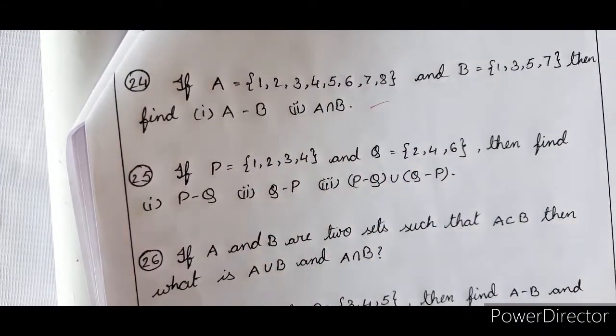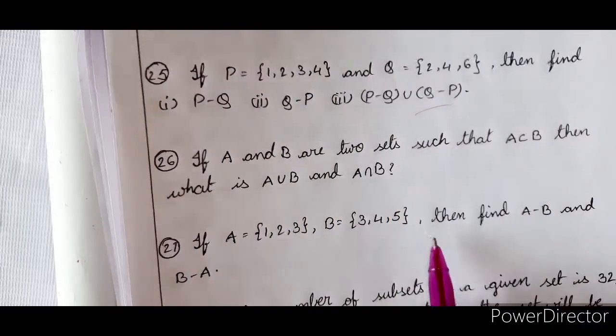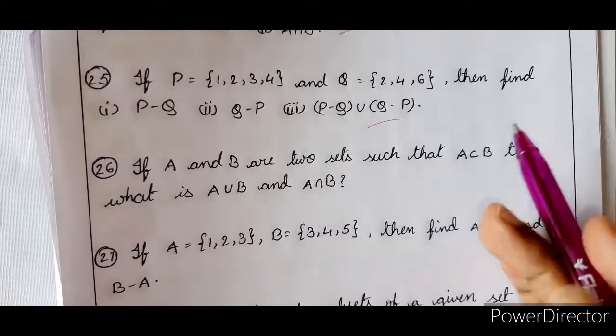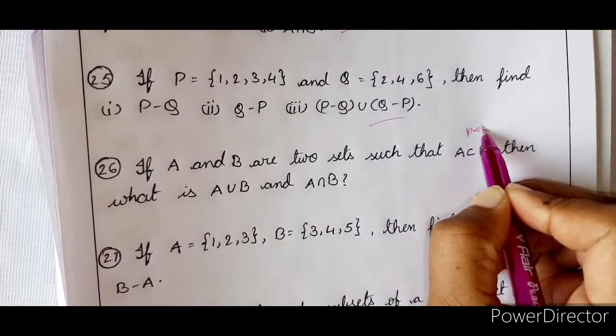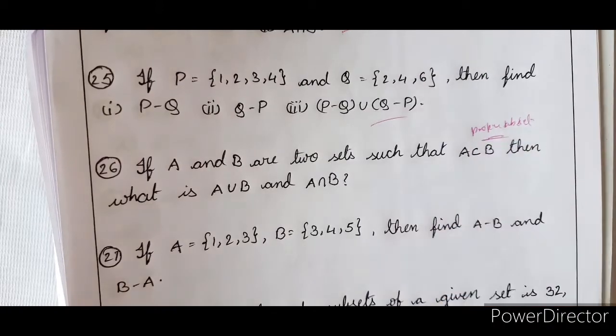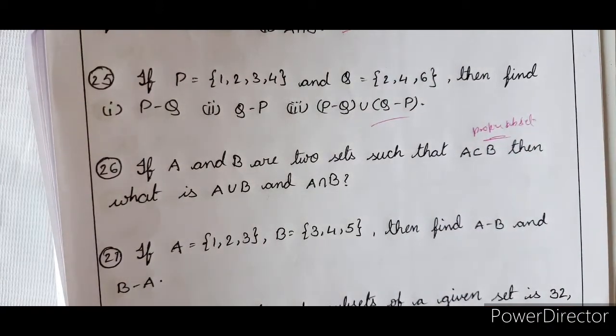Direct question. This one also you can do. This is a proper subset. It's a proper subset. That means it is not equal to B. And what is A union B and A intersection B?